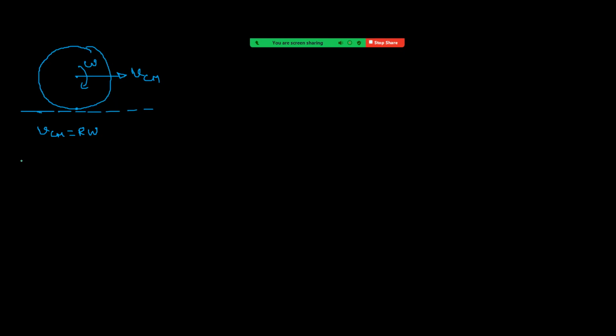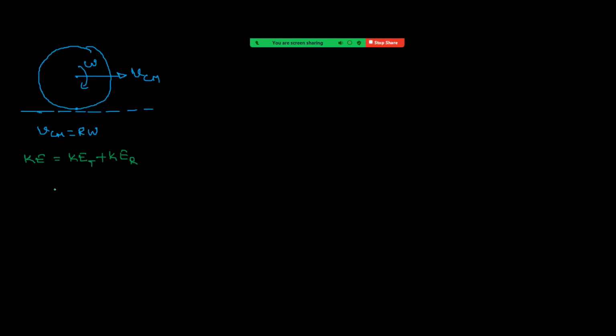So rolling means it is a combination of translation and rotation. So when we are taking kinetic energy, there is kinetic energy because of translation and kinetic energy because of rotation about center of mass. So translation of center of mass and rotation about center of mass.